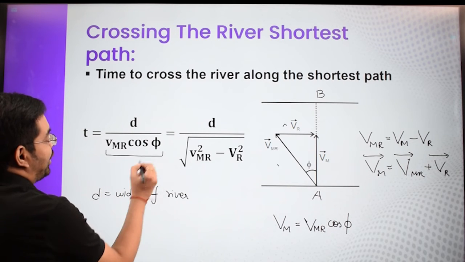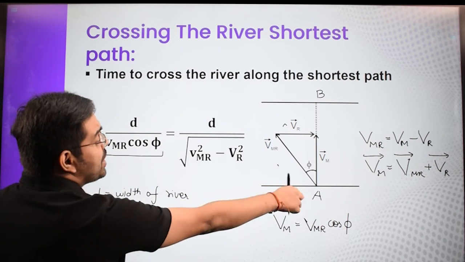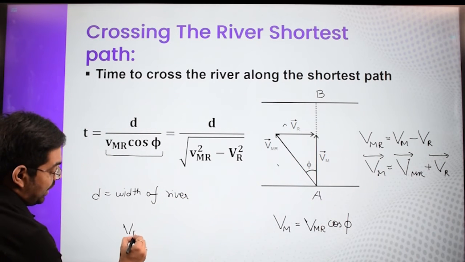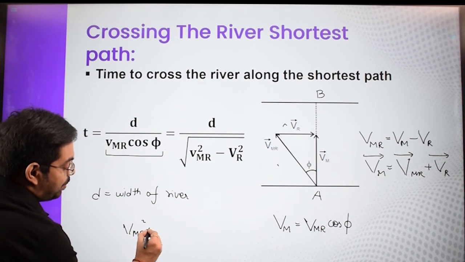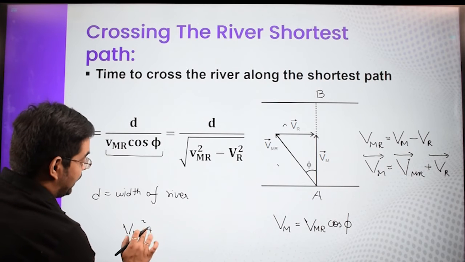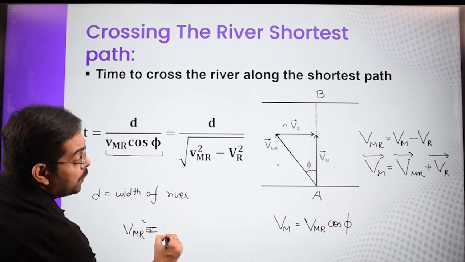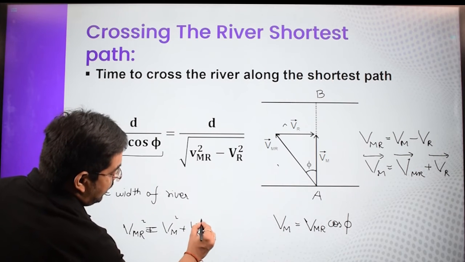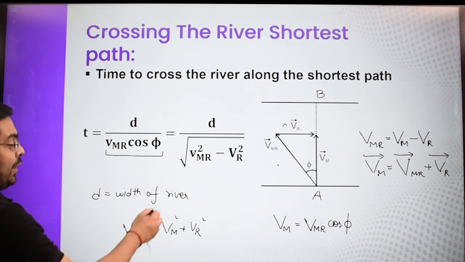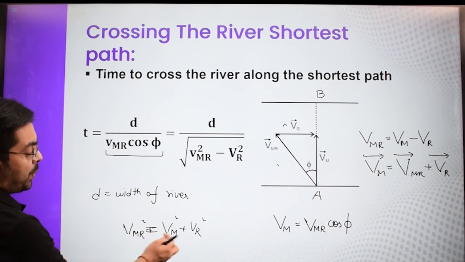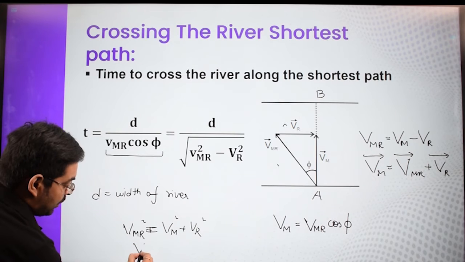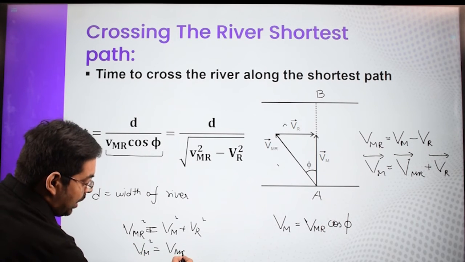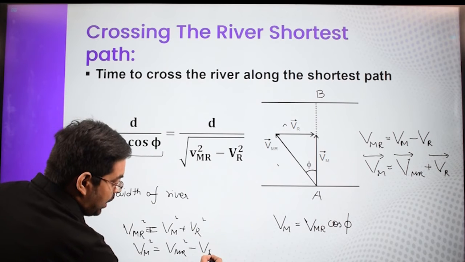This is actually how much? Vm only. Okay, so Vmr square should be equal to Vm square plus Vr square. So clearly Vm square will be equal to Vmr square minus Vr square.